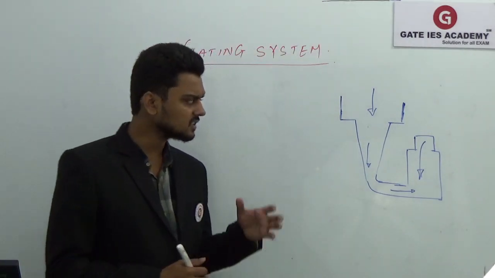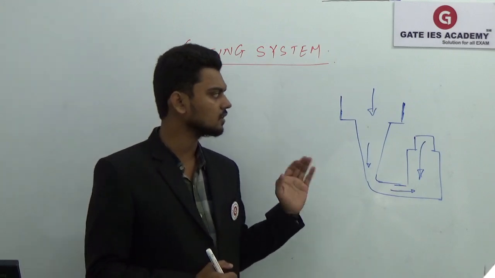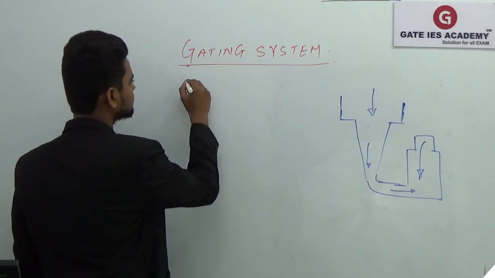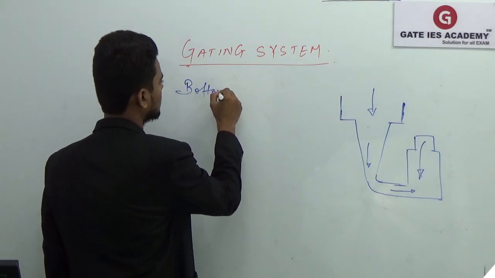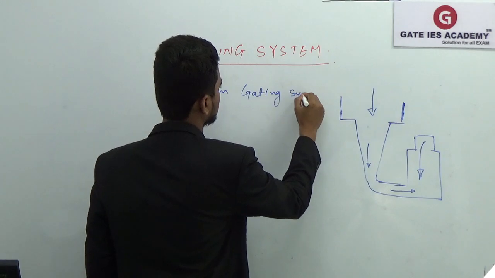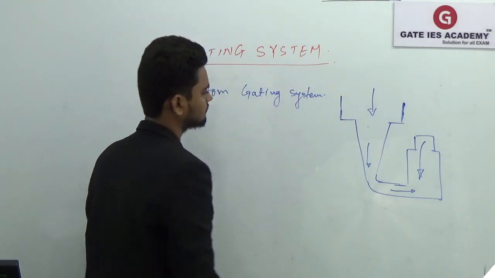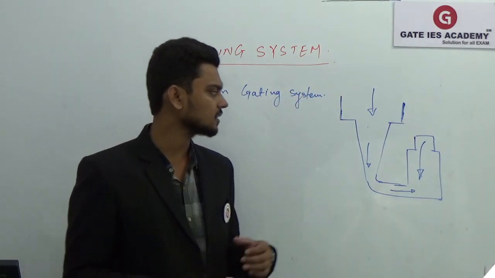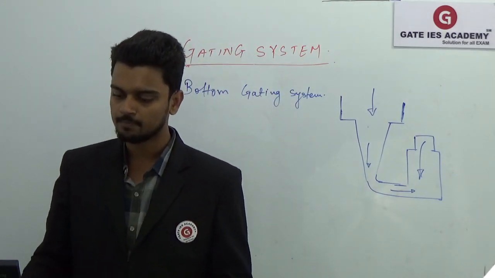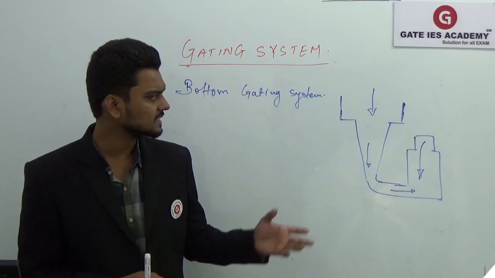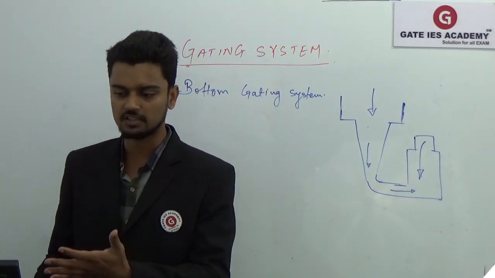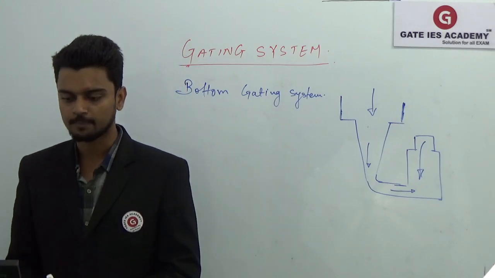So this is one of the problems that we have with the bottom gating system. But the advantage is that erosion will be very minimum, and this bottom gating system is mainly used for deep molds, which you can see in the slides on your screen.